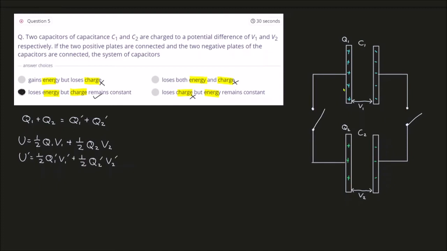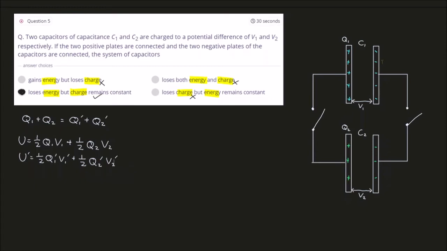We know that V1 prime and V2 prime will be the same potential difference. The potential difference across here will be the same as the potential difference across here once you have connected the circuit. Because they are now connected by the same wires, there should not be any potential difference across the positive plates of C1 and C2.